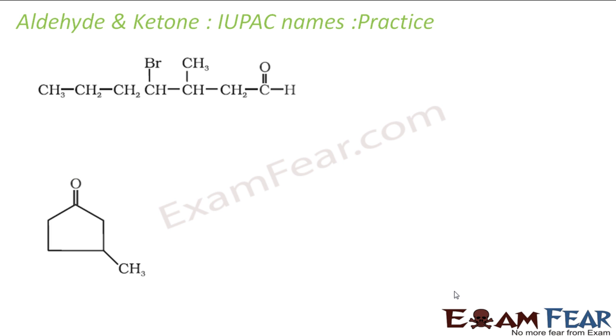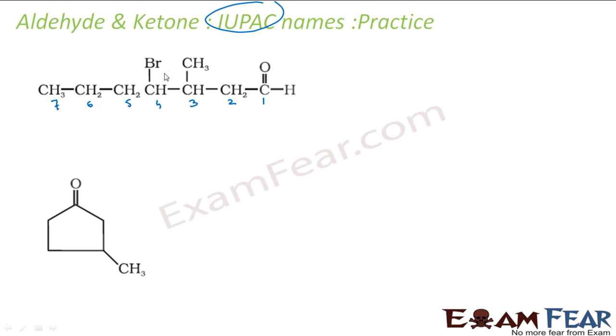Let's take some more examples. Here we have to give the IUPAC name only. As I told, the first rule is that the carbon chain gives the lowest number. So I'll start the numbering in this direction: 1, 2, 3, 4, 5, 6 and 7. Correct.